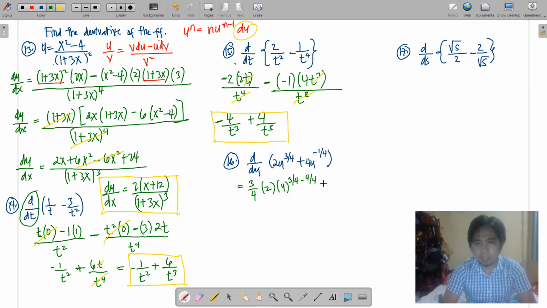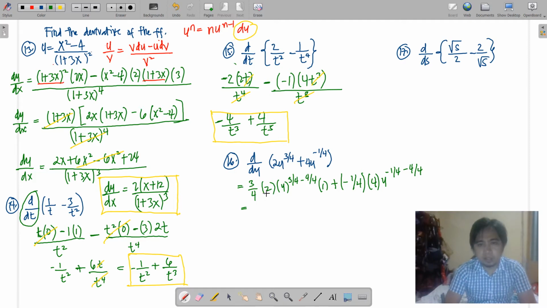So I will not reflect that. If you want, you can reflect it. And then plus, bring that down, negative 1/4. The 4 is already there, y raised to negative 1/4. Subtract one, negative 4 all over 4. So we just have to simplify everything. Here, 3 over 4 times 2 is 6 all over 4.